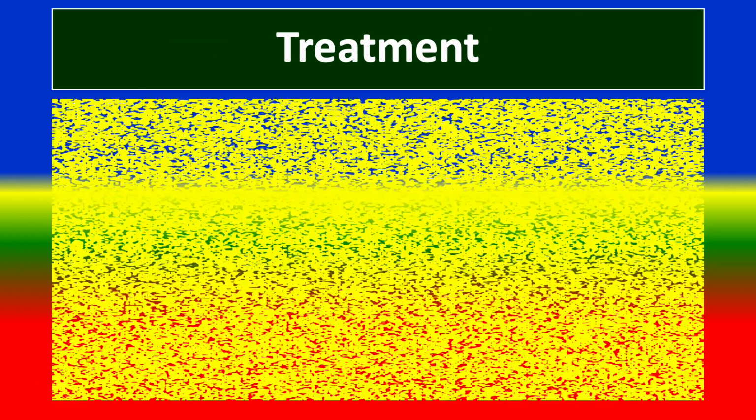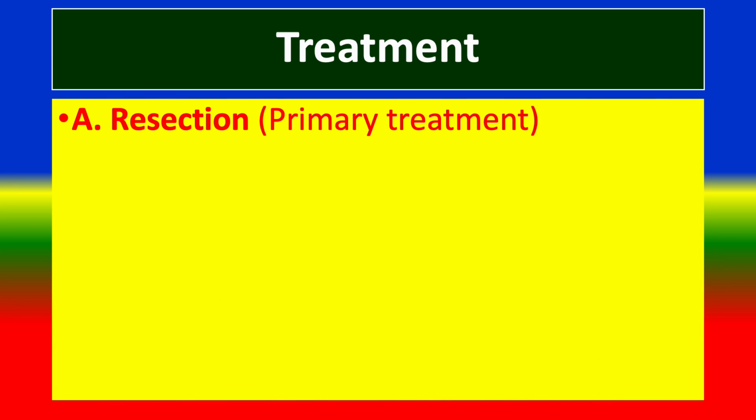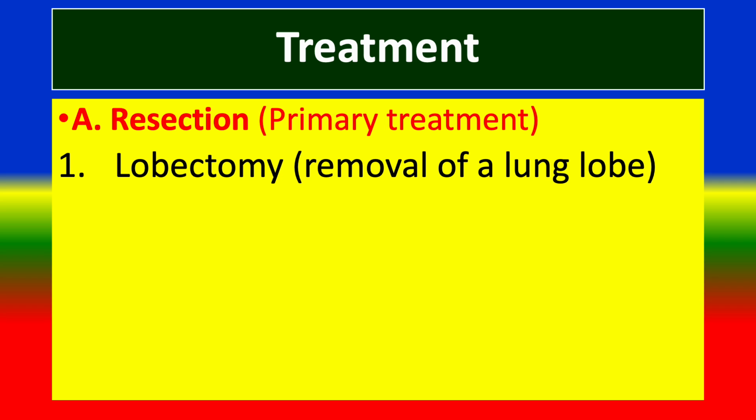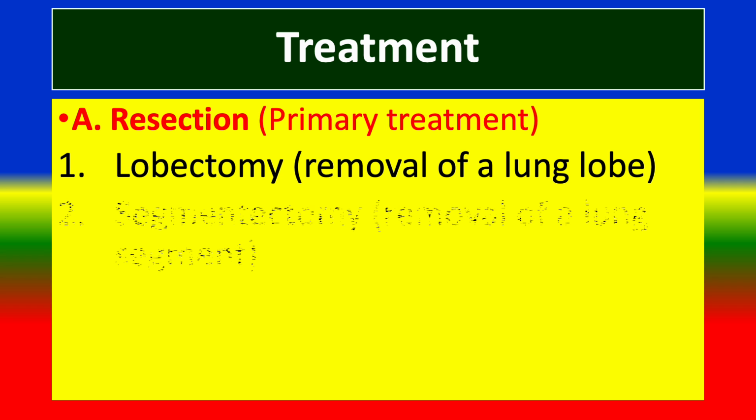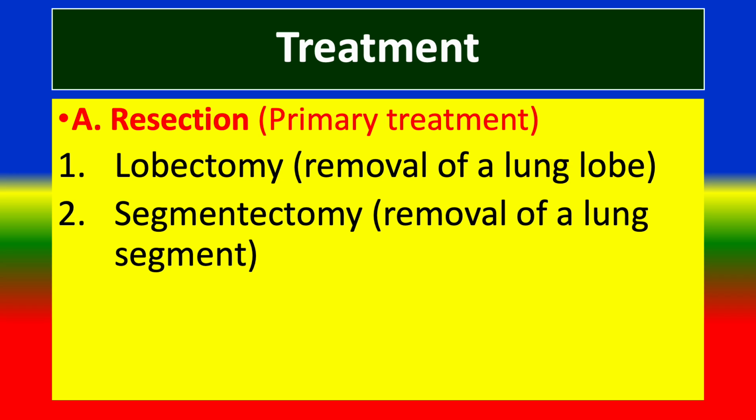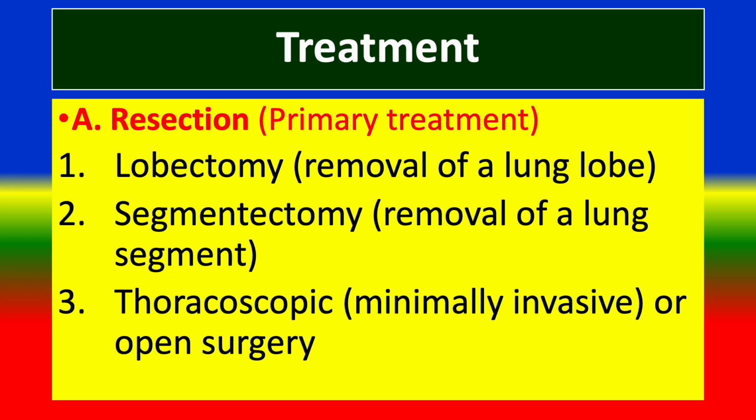Treatment options. A. Primary treatment: 1. Lobectomy, removal of lung lobe. 2. Segmentectomy, removal of a lung segment. 3.